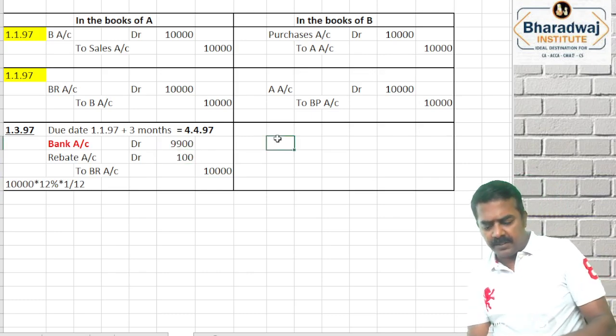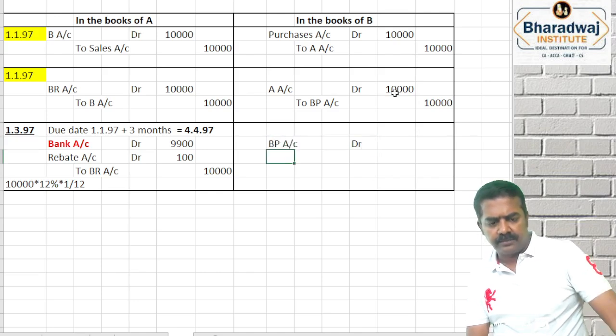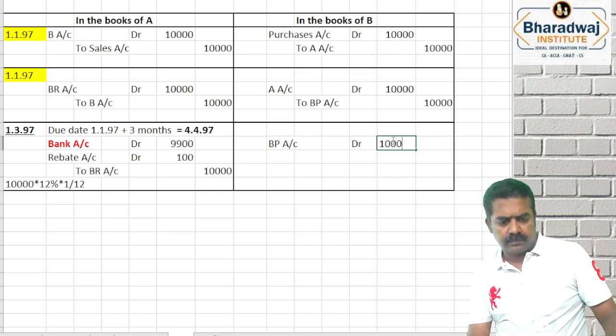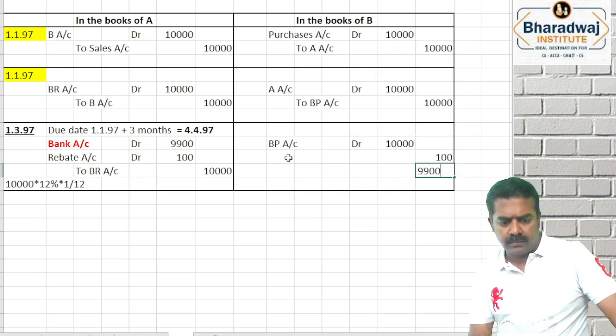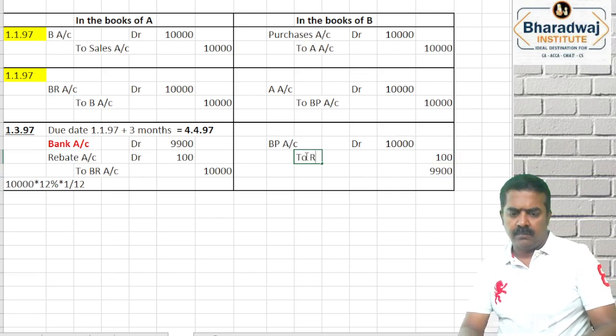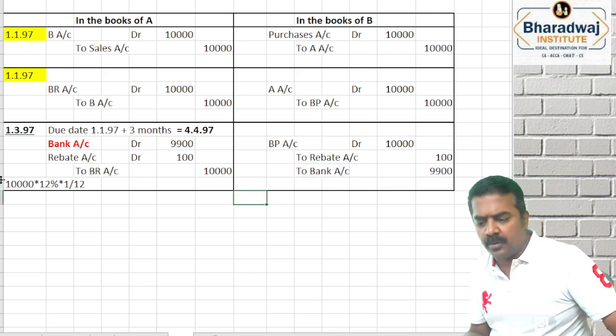The other party pays the money: bills payable account debit. You can put bank account or cash account.